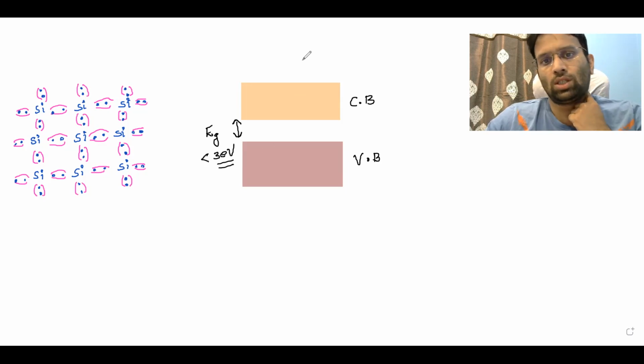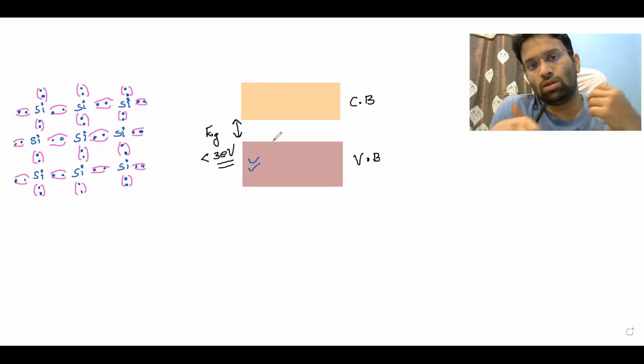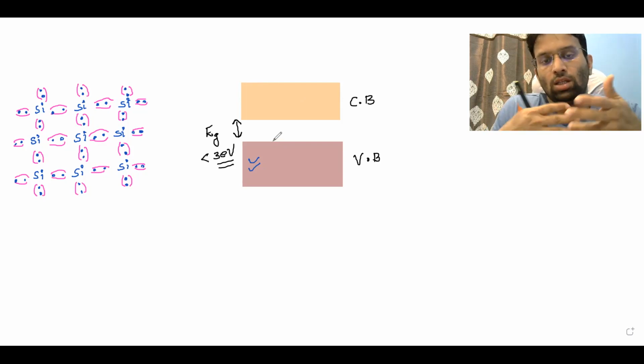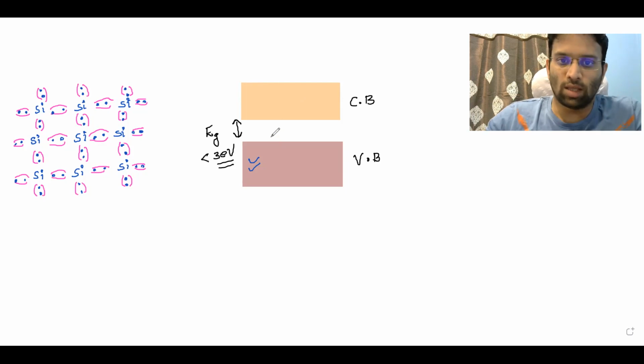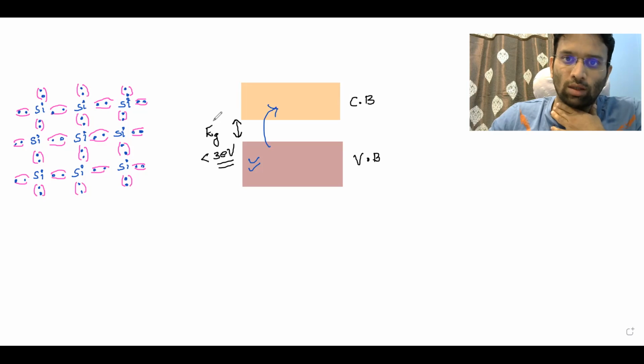Now what happens at 0 Kelvin, all the electrons will be in the valence band. But as temperature rises, due to thermal agitations, the electrons get more and more energy, and some of the electrons, due to the collisions amongst the electrons, may rise to a high energy, and they may jump from valence band to conduction band.